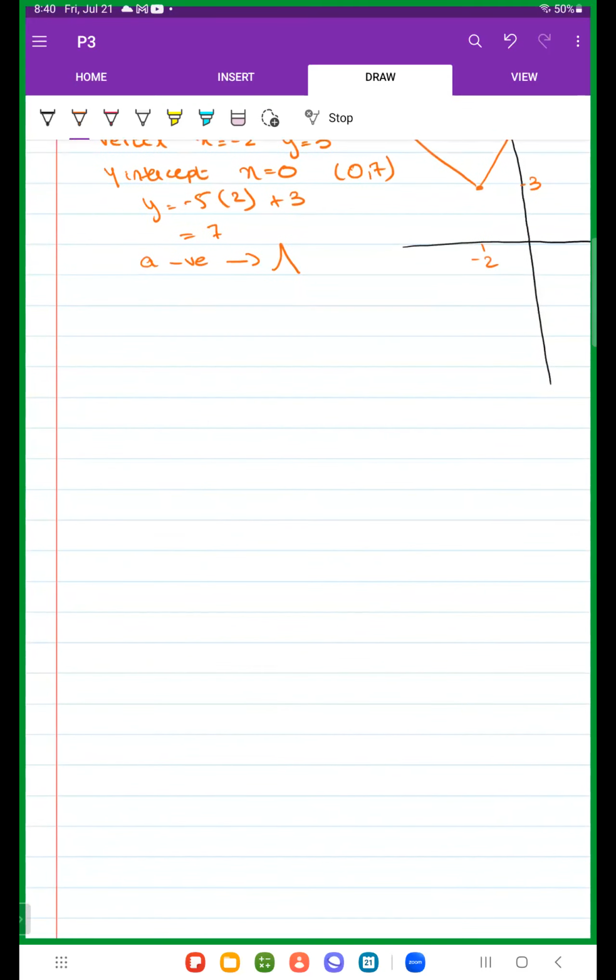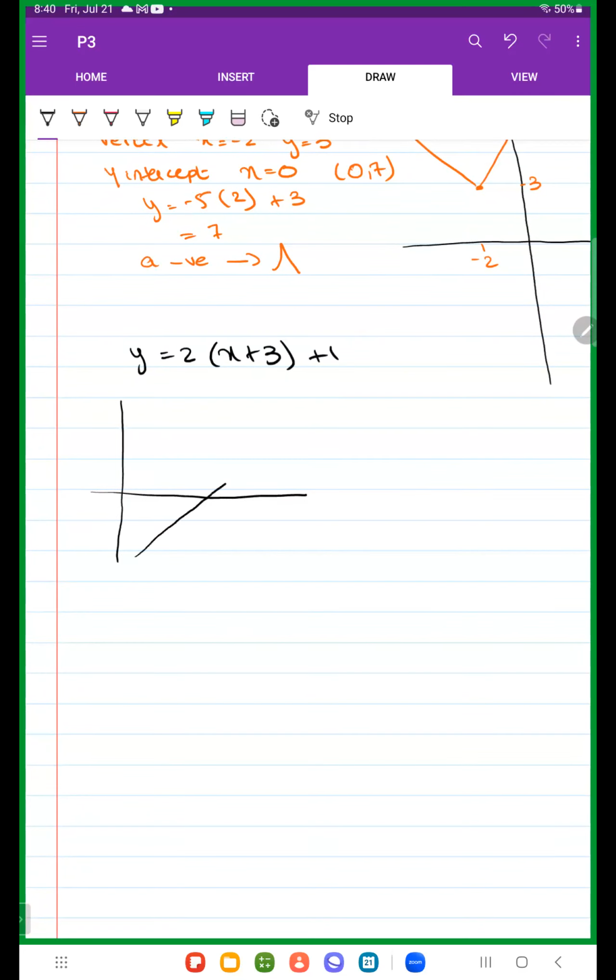Let's talk about why the shape is like this. So basically, if I give you a line, y is equal to 2x plus 3, for straight lines, they'll be drawn like this. What happens in modulus is it converts the negative into positive.